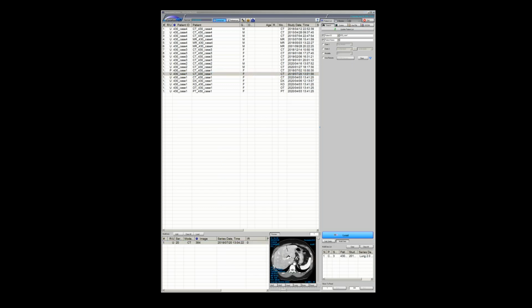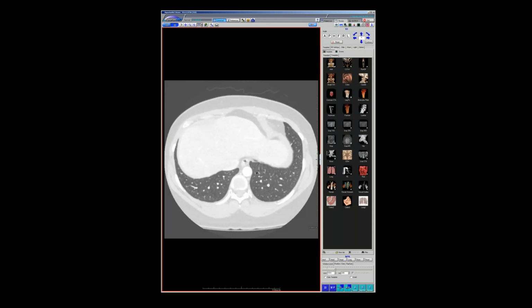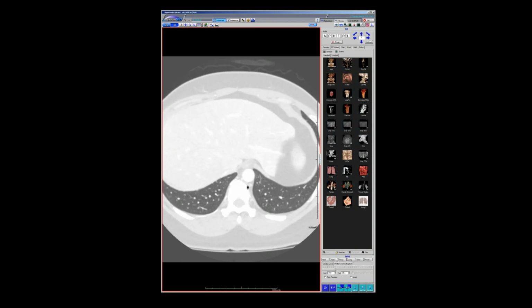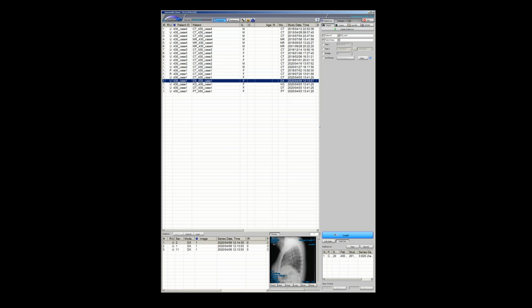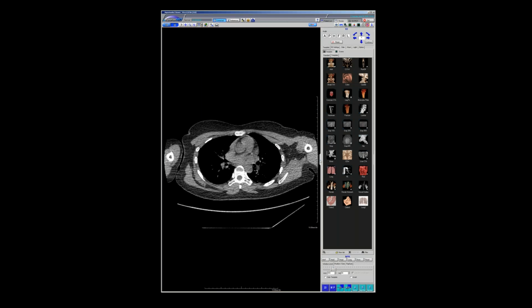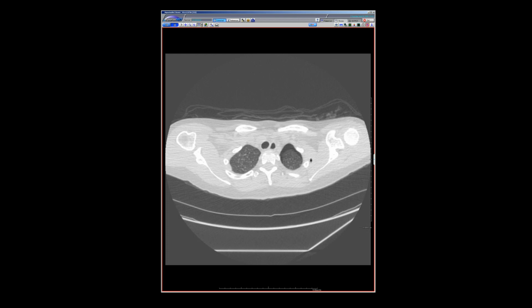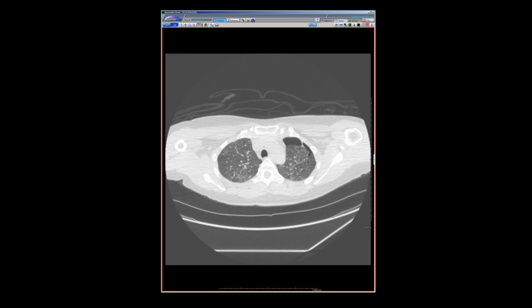So I'll show what happened to her. She was cruising along, and those nodules actually got better and went away for the most part, and then a serious badness occurred. About a year later she presented with pneumothorax, and this is a PET study.